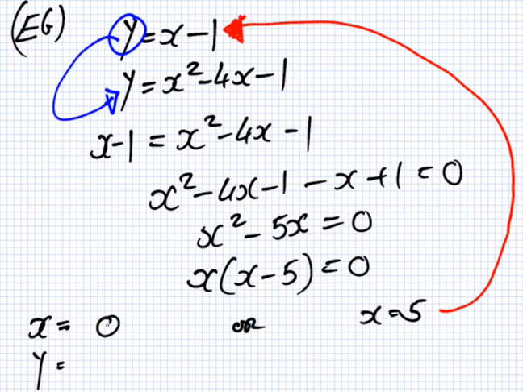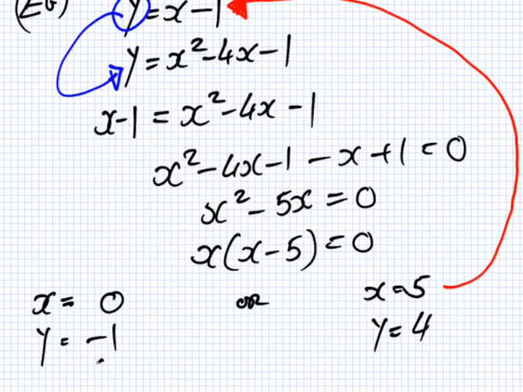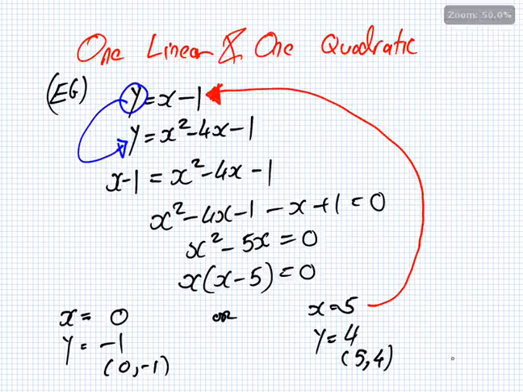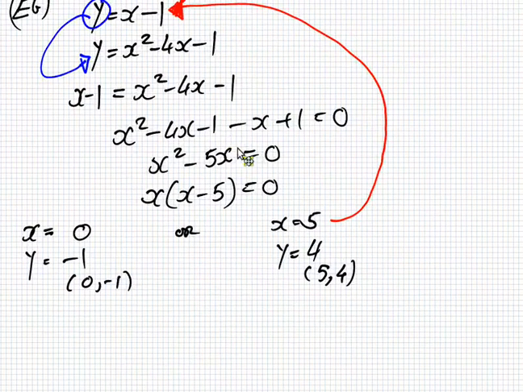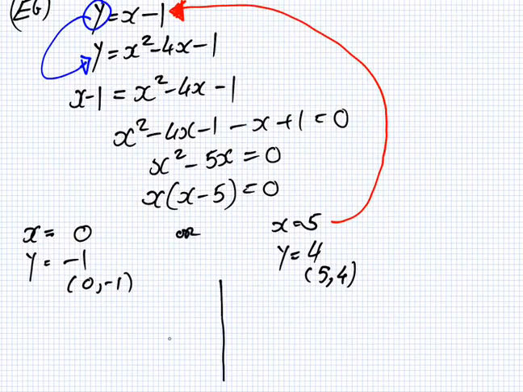I'm going to use this one here and put the value for y in here. So instead of y, I get x minus 1 equals x squared minus 4x minus 1. Taking everything to the right, I get x squared minus 4x minus 1 minus x plus 1 equals 0. So I get x squared minus 5x, the 1s cancel, equals 0.